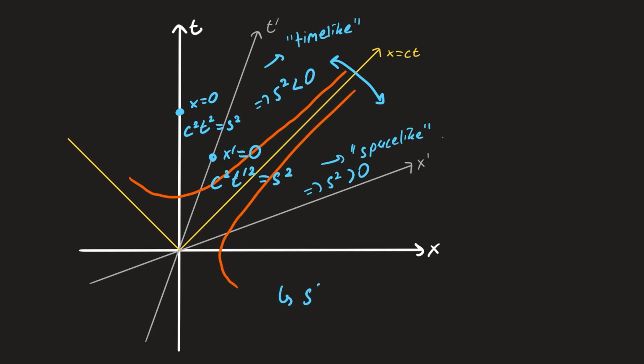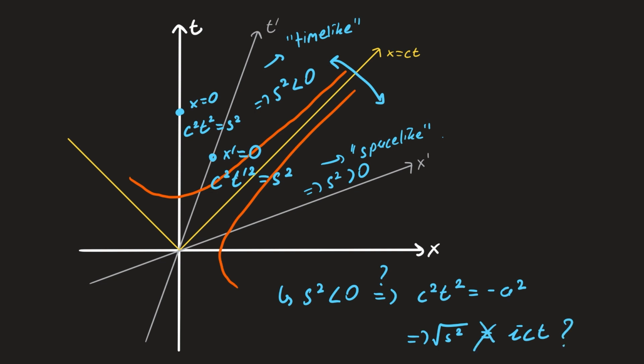Now, if this s squared is smaller than 0, it means that the c squared t squared is equal to a negative number. Does that mean that these time coordinates are actually imaginary? Well, no, this used to be an old convention, but it is now replaced by the geometric viewpoint, which simply says that the minus sign for time is induced by the metric.